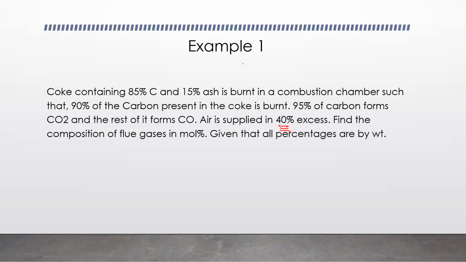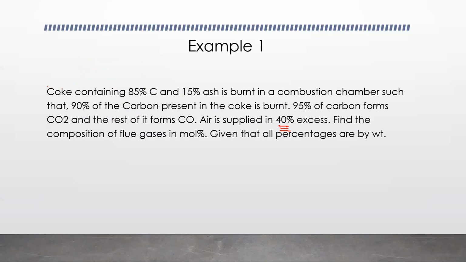All right. So we'll go ahead and form the block diagram for this problem. So we basically have our combustion chamber, right? So this is my combustion chamber. Then we have coke containing 85% carbon and 15% ash, and these percentages are by weight.